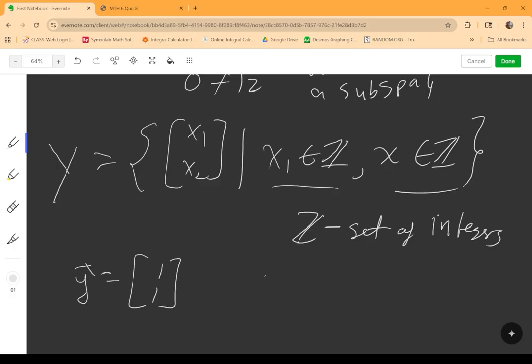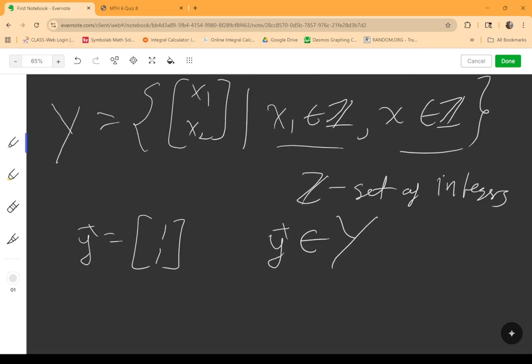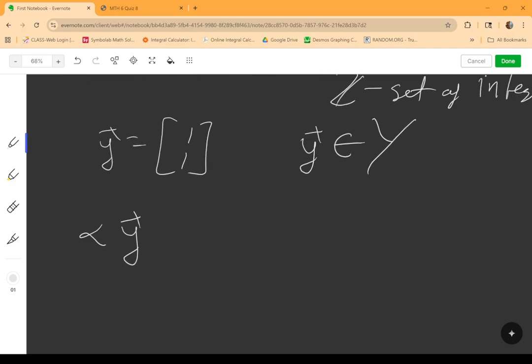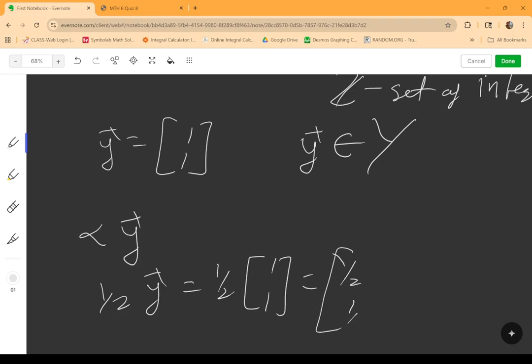This is an element of W. But now let's take alpha times y, and let alpha equal 1/2. So I get 1/2, 1/2.